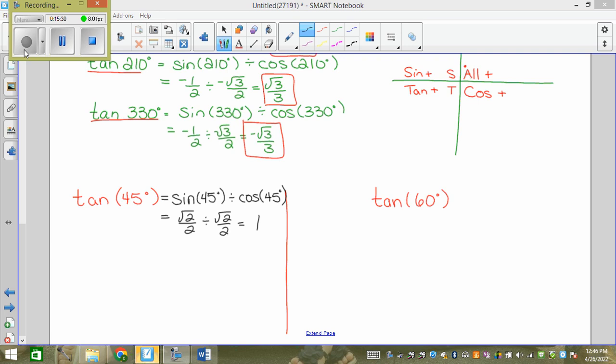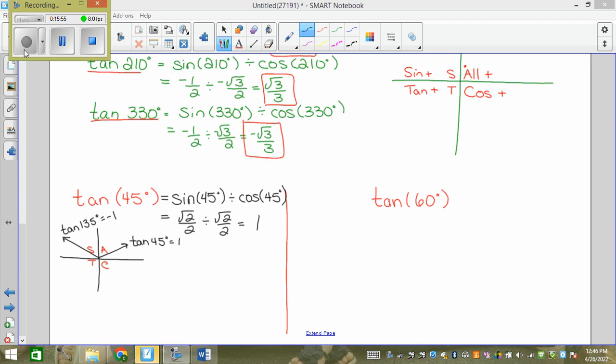All the 45s result in 1s or negative 1s for tan. So let's see why. So if I give you the 45, this 45, tan 45 is 1. What if I do this 45 though? So tan 135 is actually negative 1. And the reason why is, what do we have here? CAST, correct?